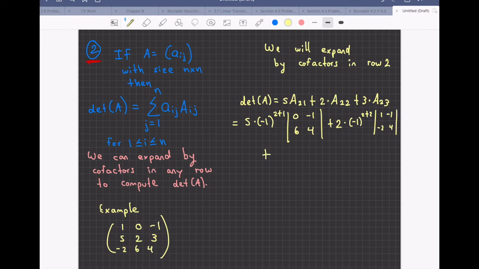Plus 3 times -1 raised to the 2 plus 3. I'm using the definition for cofactor, okay? Times the minor 2,3. Remove row 2, column 3: 1, 0, -2, 6.